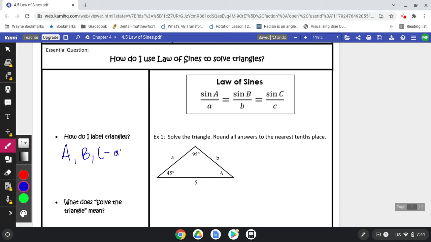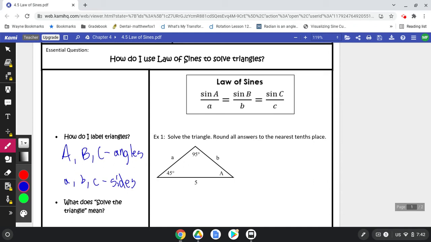And then little a, little b, and little c, those are our sides. Now, not only do we have the capital A, B, C and the little a, b, c, we also know that they will be opposite of each other.